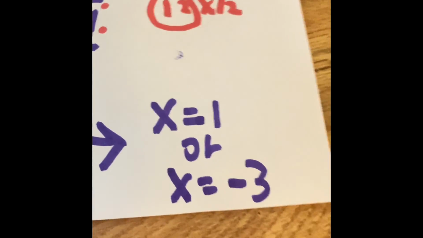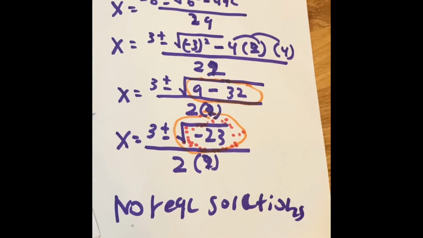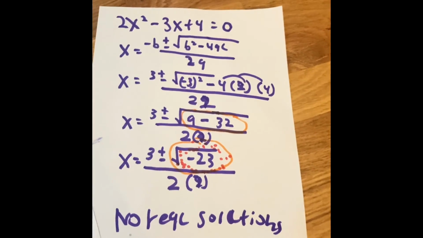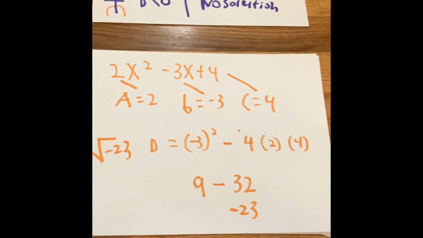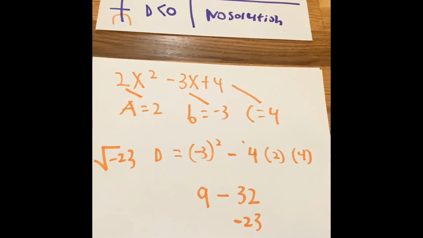Like, it's not going to help you get to x equals 1 or x equals negative 3, or get to no solution or no real solutions. It's going to help you get to what kind of solution, but not what solutions, like x equals.